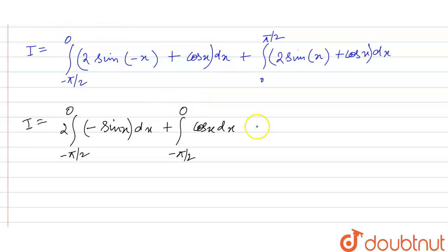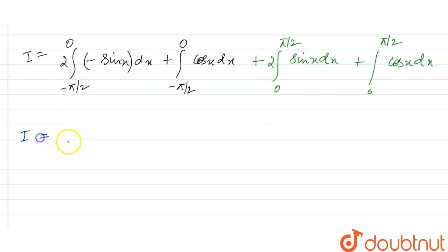And similarly, 2 will come outside the integration of sine x dx with the limit from 0 to pi by 2, plus the integration from 0 to pi by 2 of cos x dx.